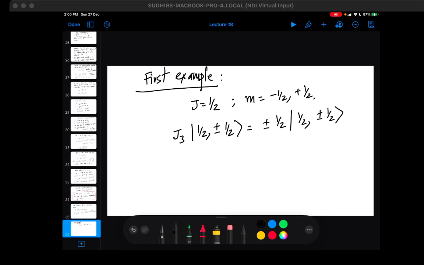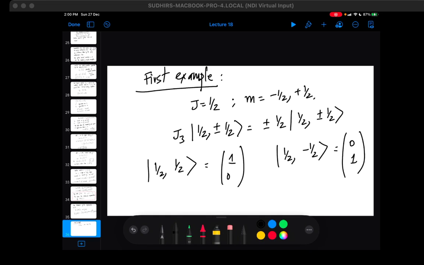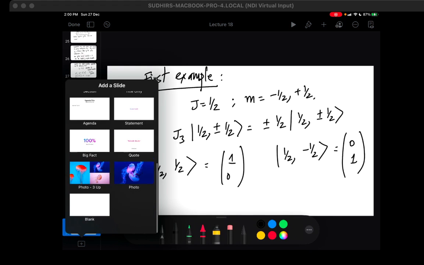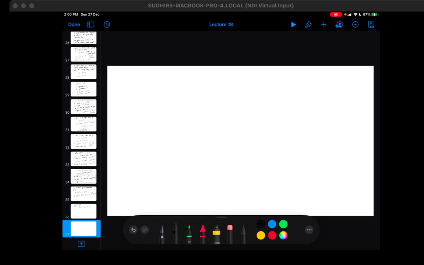Suppose I represent plus half with 1 0 and minus half with 0 1. Then j3, this first representation we are going to see using the angular momentum algebra, is equal to half times the matrix 1 0 0 minus 1.